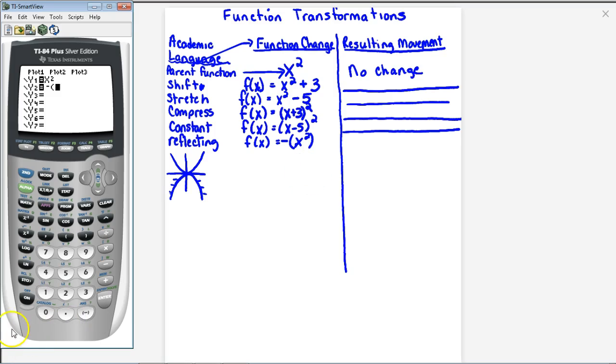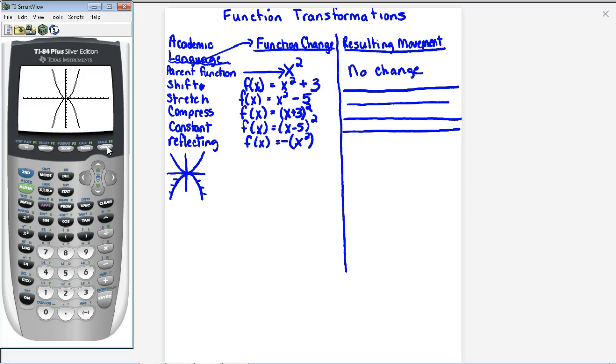And then in the middle of the parentheses, x squared. Okay, so let's see what happens. There's our parent function. Boom. There's the reflection across the x-axis. Everything that had been positive became negative, kind of like I am some days when I don't have enough sleep. Everything positive becomes negative. I have been reflected across the x-axis.